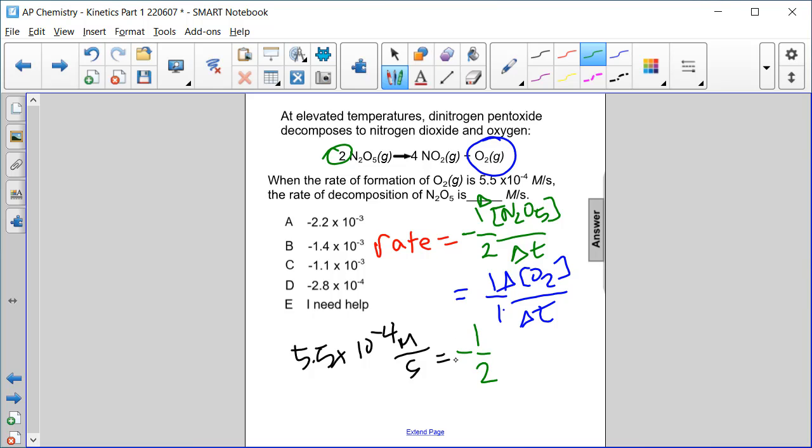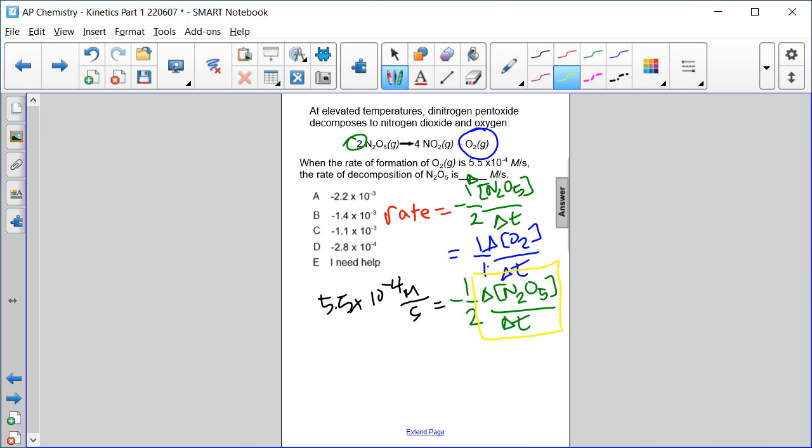And remember that minus is because we're talking about a reactant that's decreasing in concentration, or decreasing with respect to time, right? Okay, so now this change in N2O5 concentration over change in time is what we're trying to solve for.